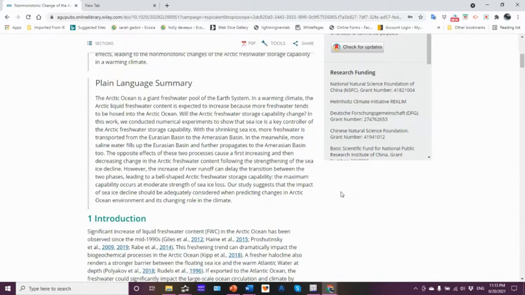So basically what they're trying to figure out here is, if the fresh water pools up, the fresh water being the source from the sea ice and riverine input, you're going to get marked stratification, and therefore vertical mixing and sinking is going to be inhibited.